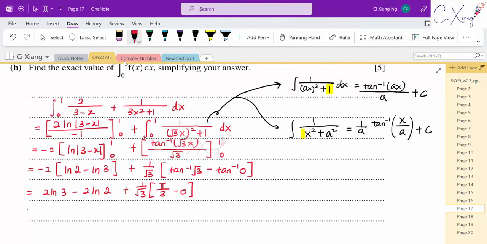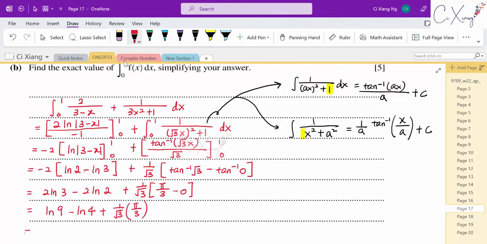And after that, I try to factorize out. So from here, there are a few ways that you can rephrase your answer. Either you are having ln 3 squared, which is a 9, minus ln 4, 2 squared is a 4, then plus 1 over square root 3 multiplied with pi over 3.